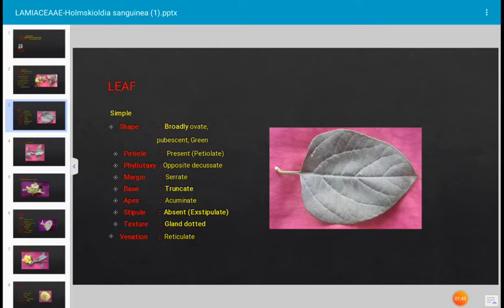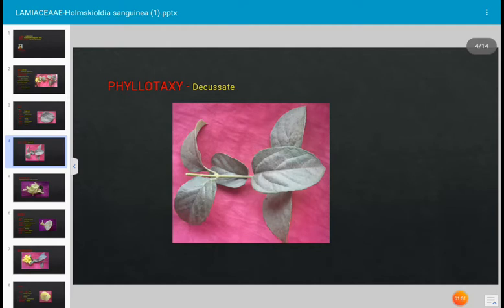Opposite decussate phyllotaxy occurs in this plant, and in the photograph the first pair of opposite leaves is shown, and the upper pair of opposite leaves is exactly at right angle to the lower pair of opposite leaves. Such phyllotaxy is present in this plant and that is described as decussate phyllotaxy.